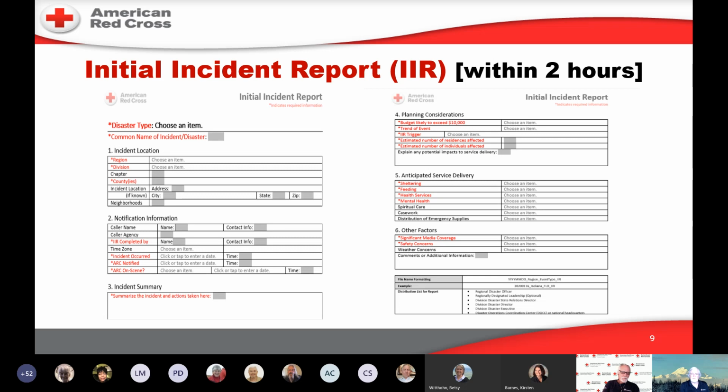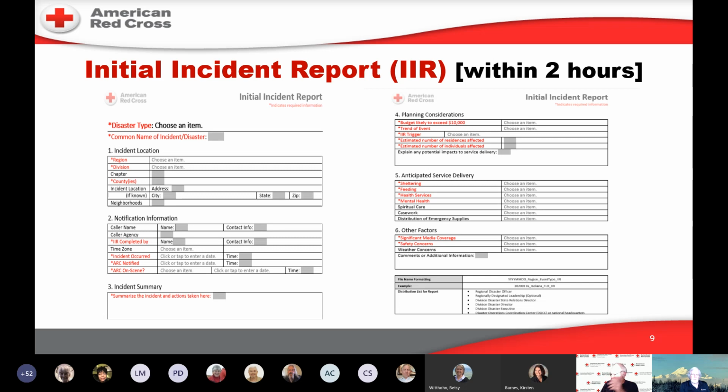Will health services be needed? Spiritual care, caseworker, distribution of supplies. That's all conjecture. Go on your best gut feeling. Have discussions with people who have experience in that area. Try to get as much information as you can, but you do try to get it out within that 2-hour time period.